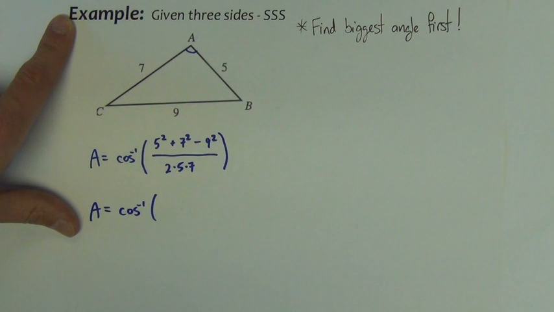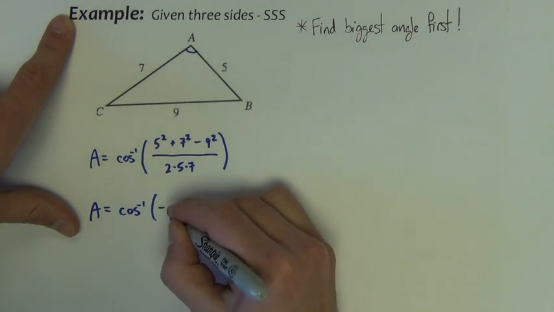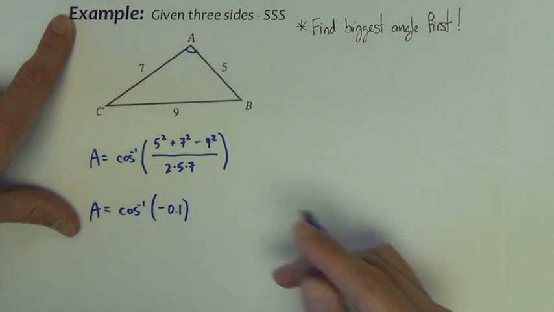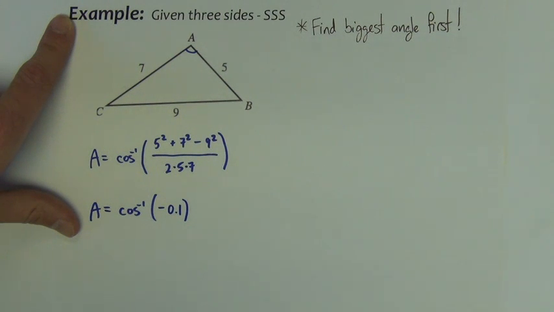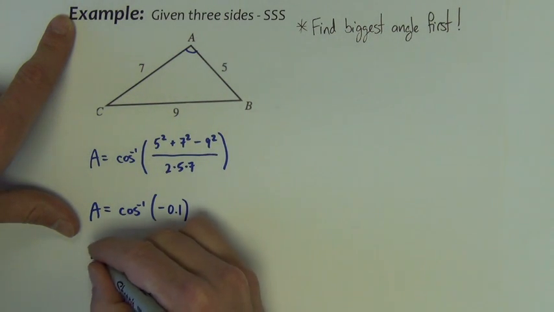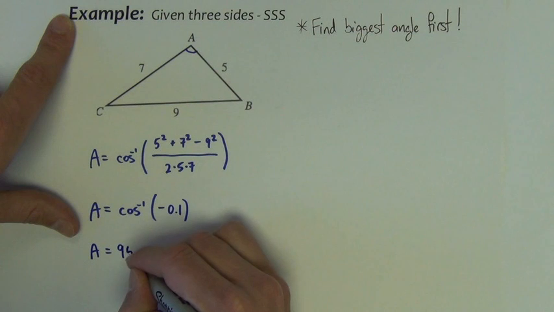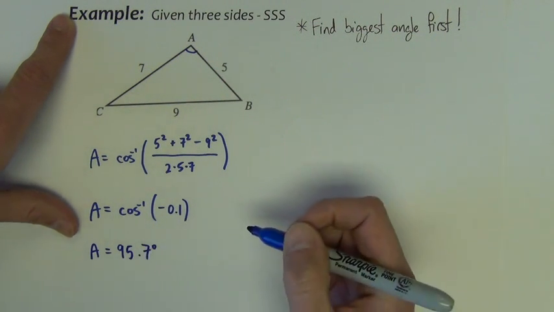Let's compute that. 5 squared plus 7 squared minus 9 squared divided by 2 times 5 times 7. This is negative 0.1. And I now want cosine inverse of that answer. So A is 95.7 degrees.